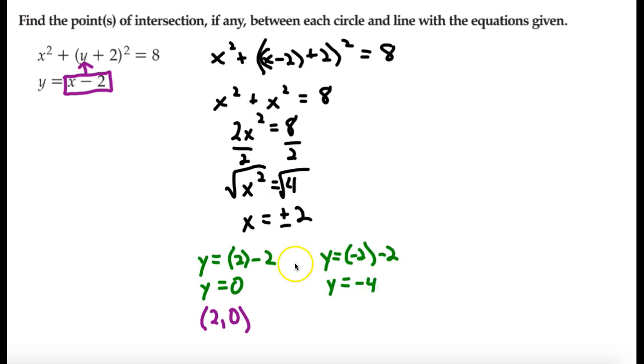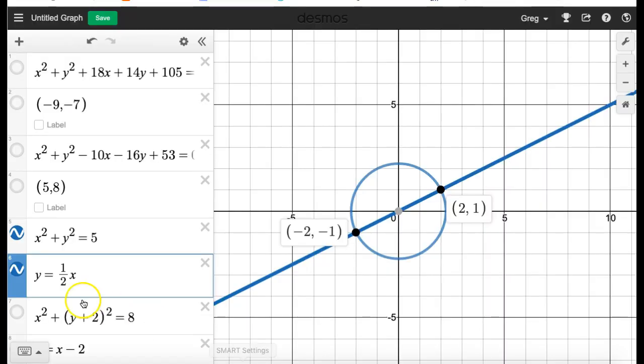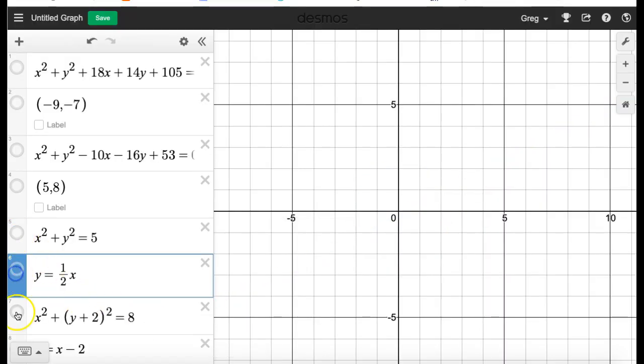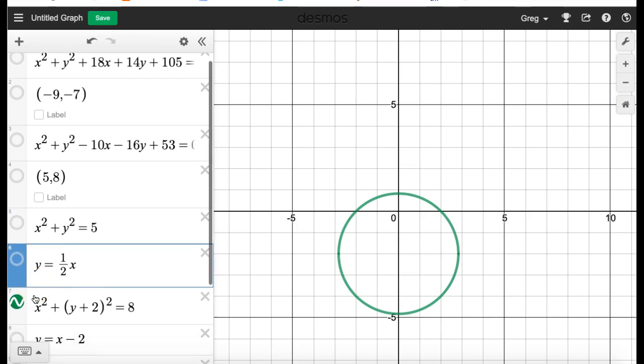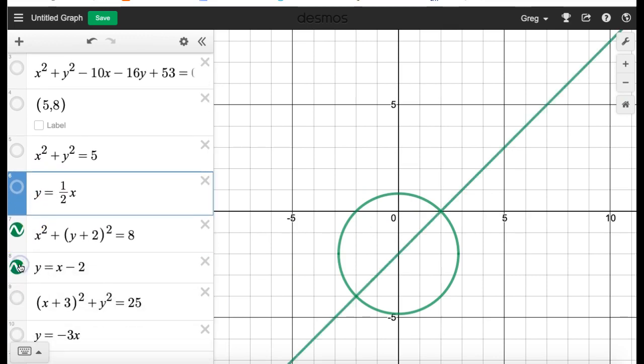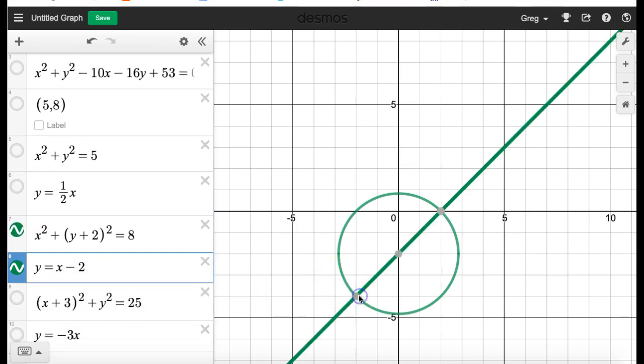So if I plug in -2, I get a y of -4. Okay, and again, we can see that graphically. Right? If we plug those equations in, here's my circle, here's my line, they cross at these 2 points.